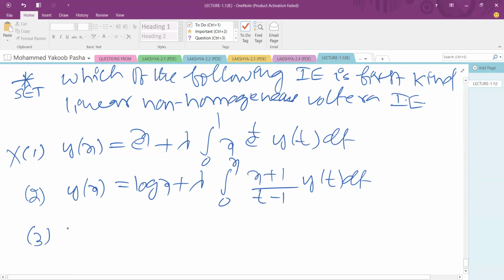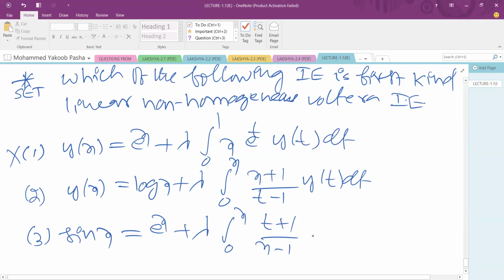Third option: sin x is equal to e to the power of x plus lambda integral 0 to x of (t plus 1) by (x minus 1) y of t dt.